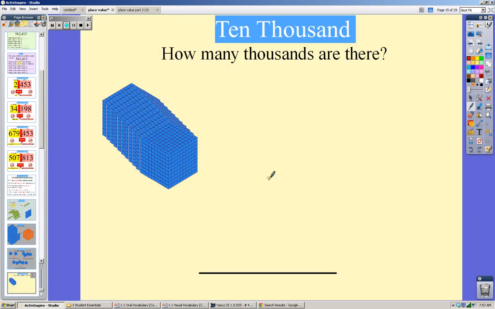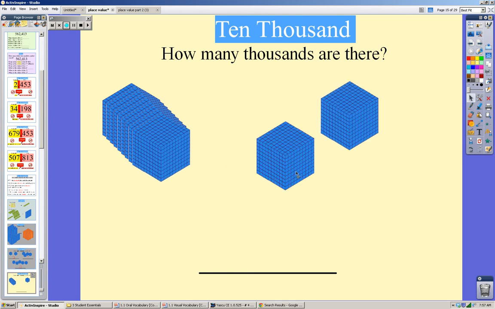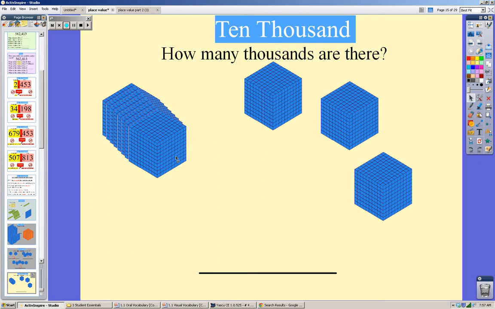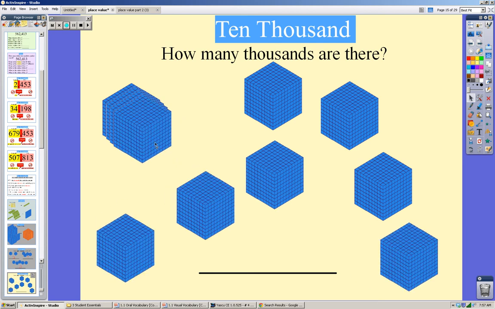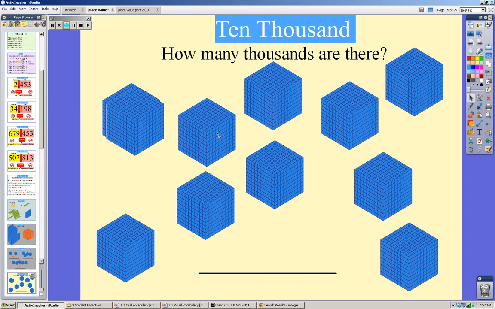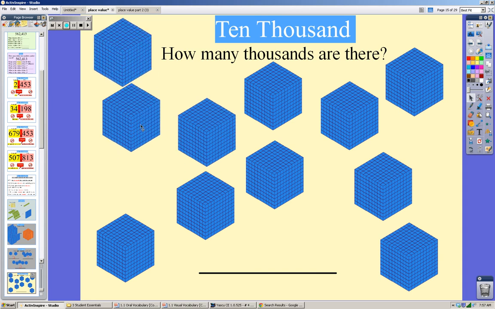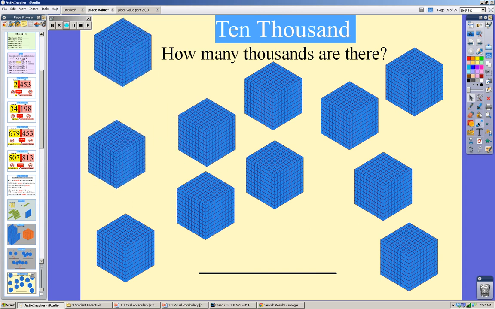How many thousands are right here? Oh my goodness, there's a lot. So we have to go 1, 2, 3, 4, 5, 6, 7, 8, 9, 10. We have 11,000. So how would I write the number 11,000?